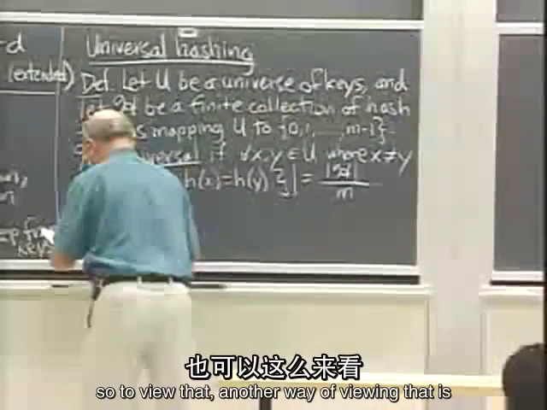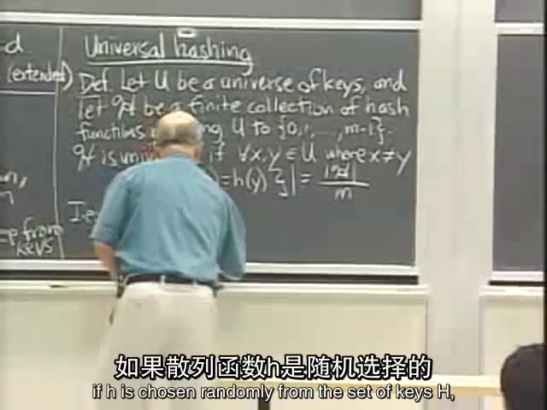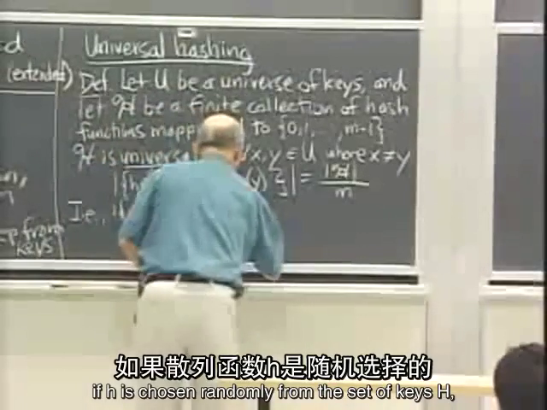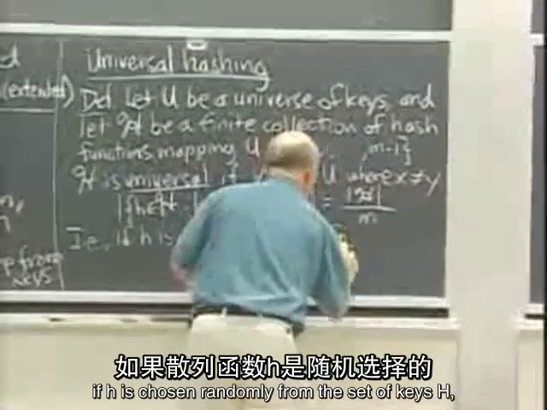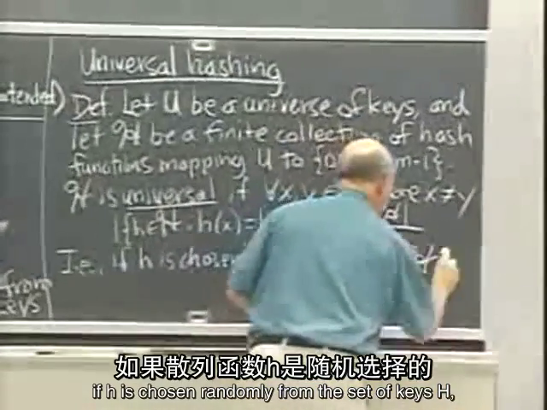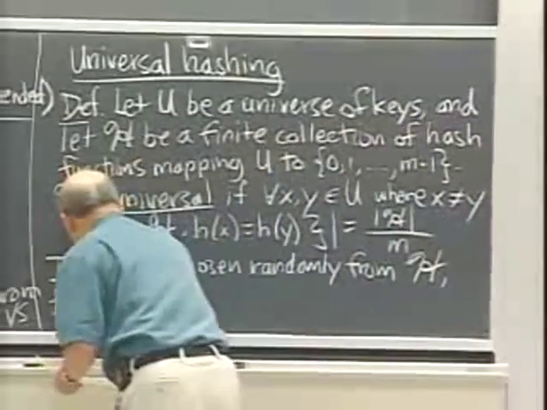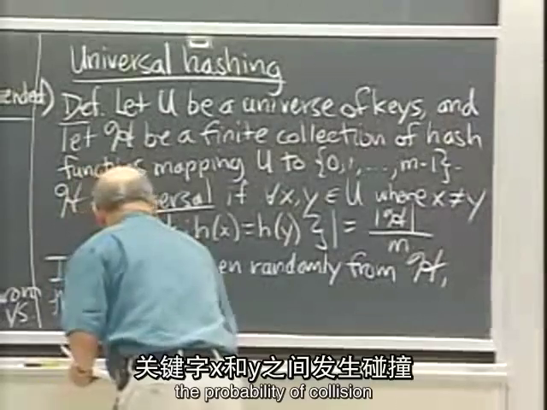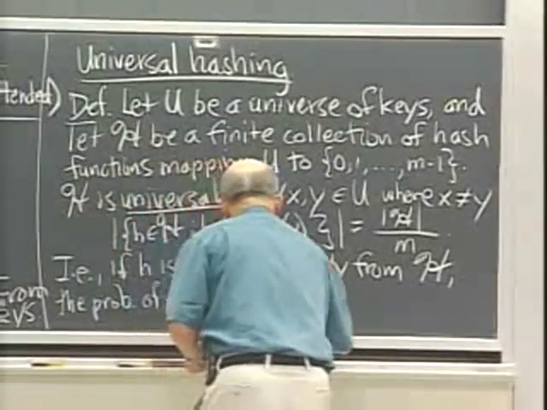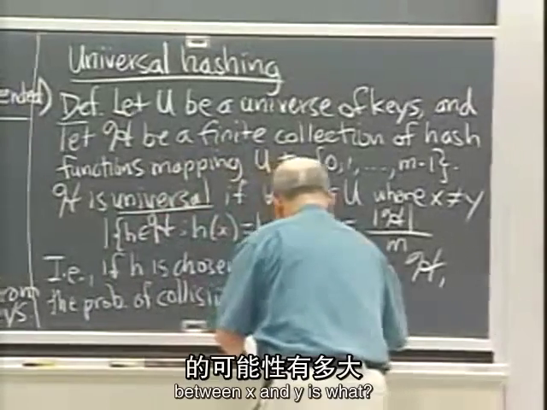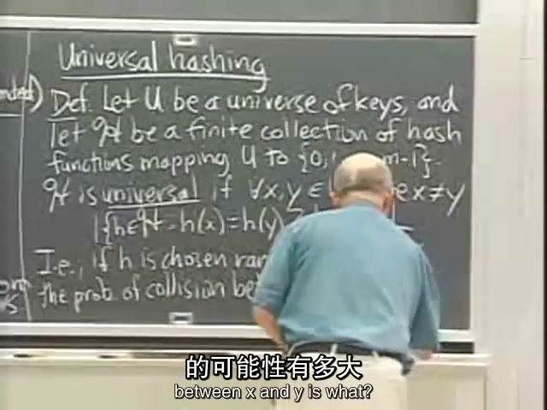Another way of viewing that is if h is chosen randomly from the set of hash functions H, the probability of collision between x and y is what?